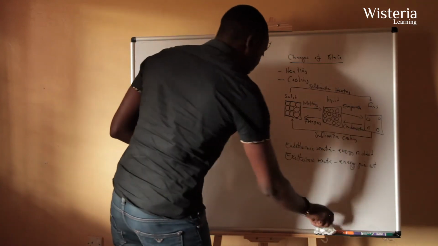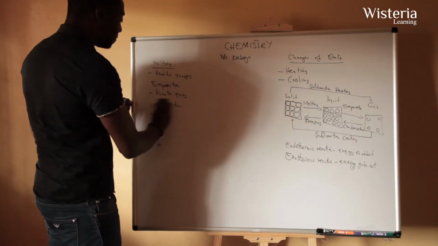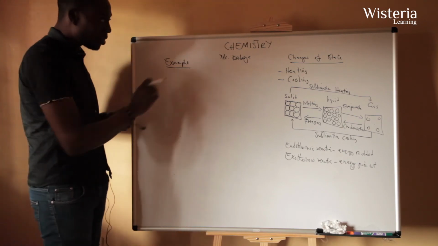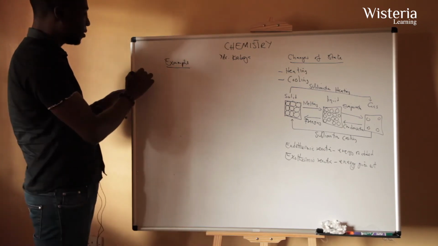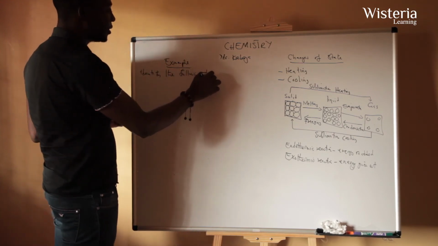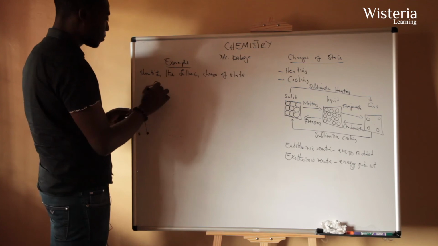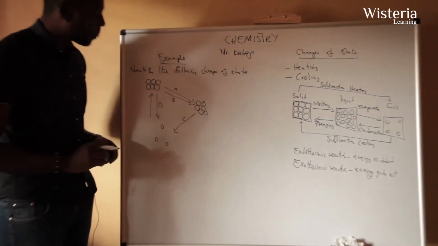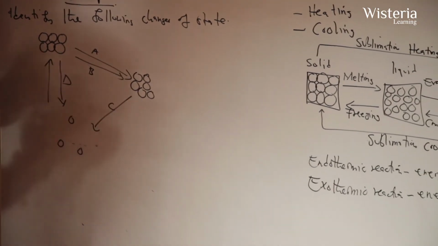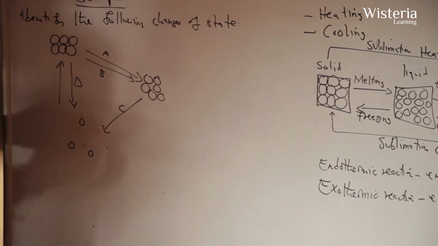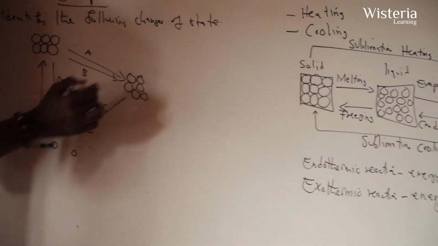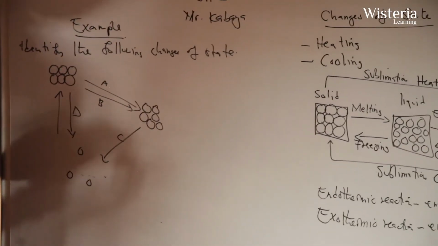Okay. So let's look at an example now. We can identify the changes of state. An example on the changes of state: identify the following changes of state. So we need to identify what A is, what B is, what C is, and what D is. In this question, we have been given the arrangement of particles.